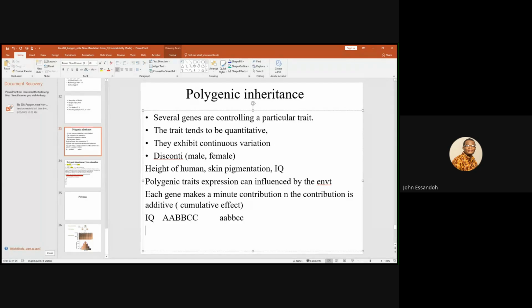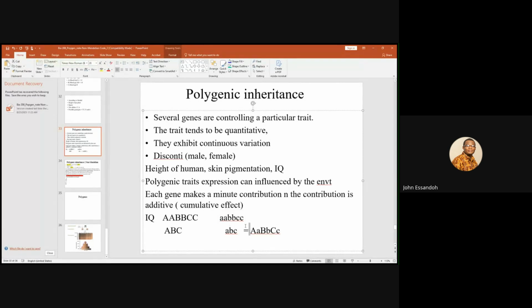So the lady produces capital A, capital B, capital C from the egg, and the man produces small a, small b, small c. And then what are you going to get? During fertilization, capital A with small a, capital B with small b, and capital C with small c. All right, good. So something like this, we get there. So when the two of them marry, all the sperms they are going to produce are like that.